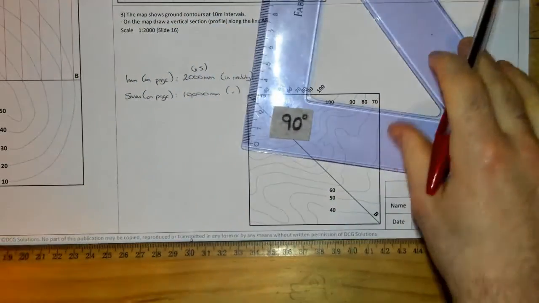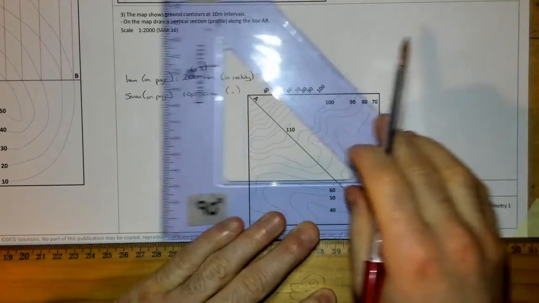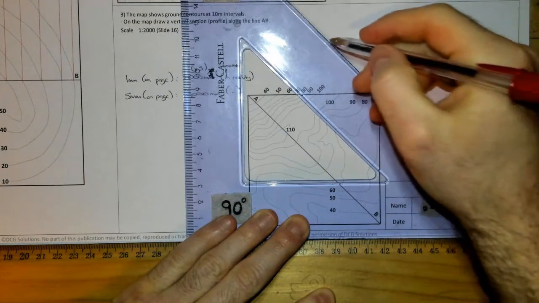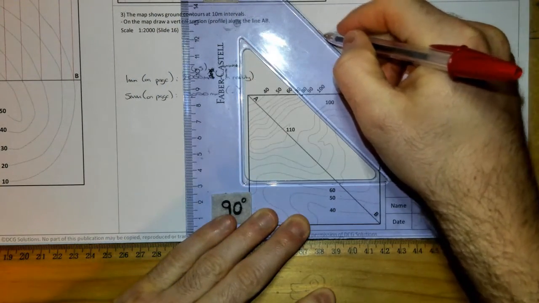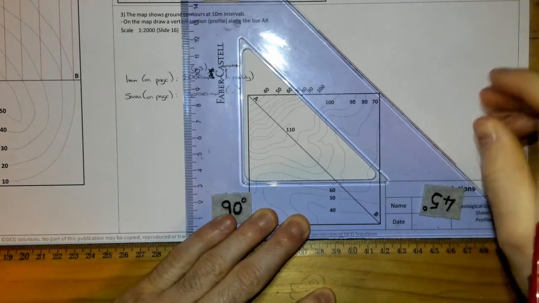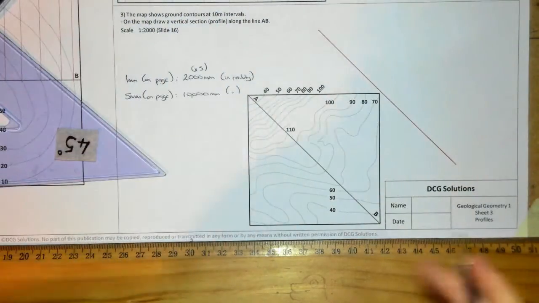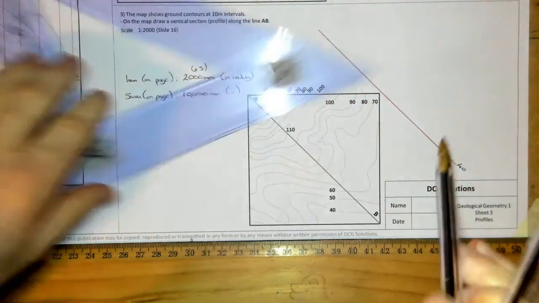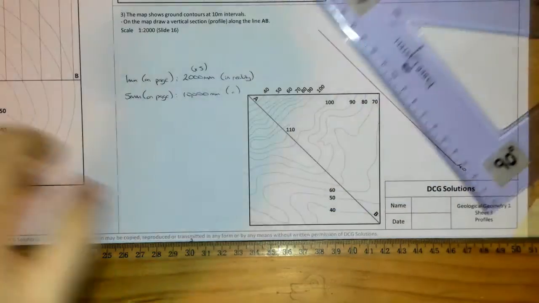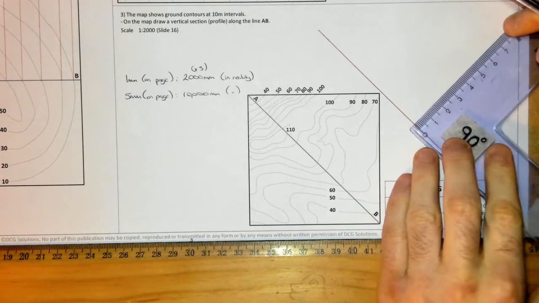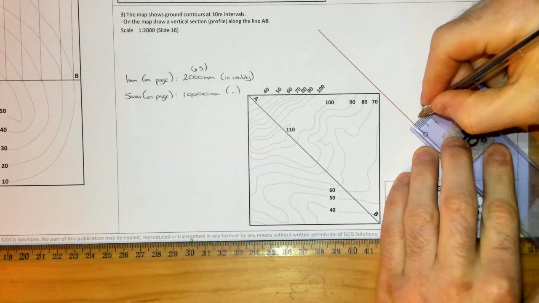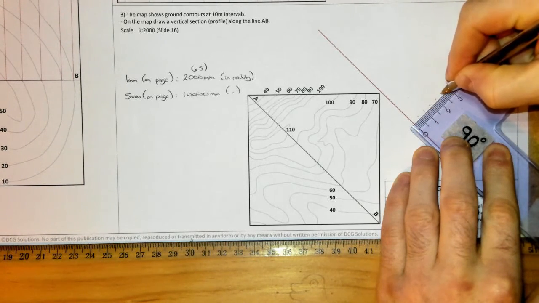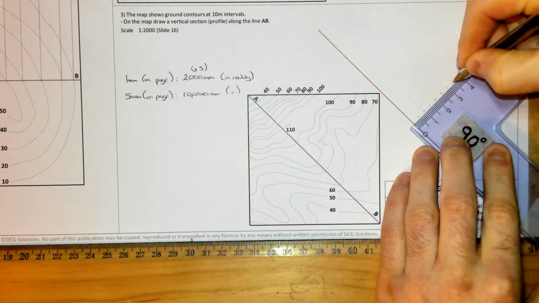So right here off the edge, parallel to the AB, which is at 45 degrees, I'm going to do a cutting section like that and mark that as my 40, and continue on in 5 millimeters. So this will be 50, 60, 70, 80, 90, 100, 110.